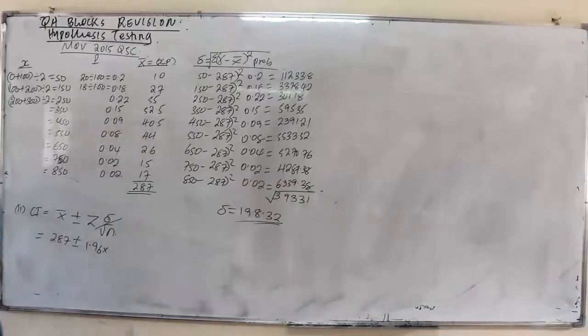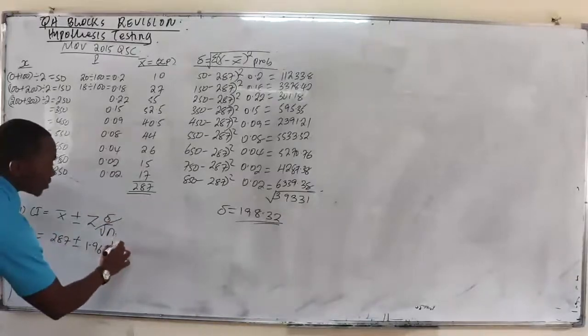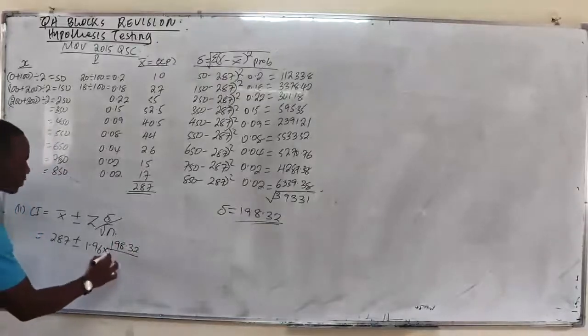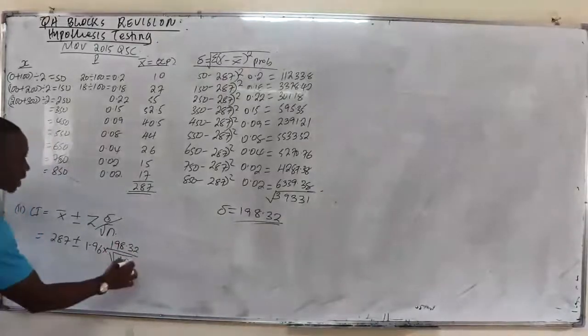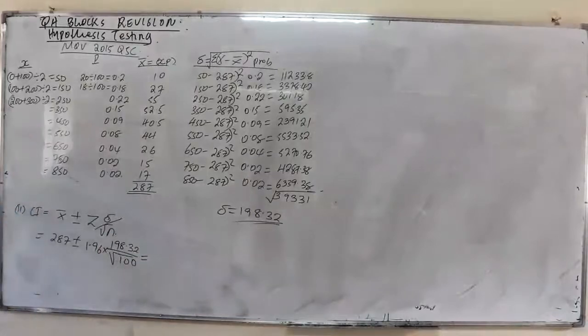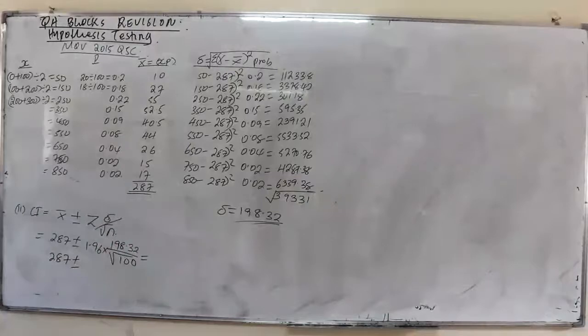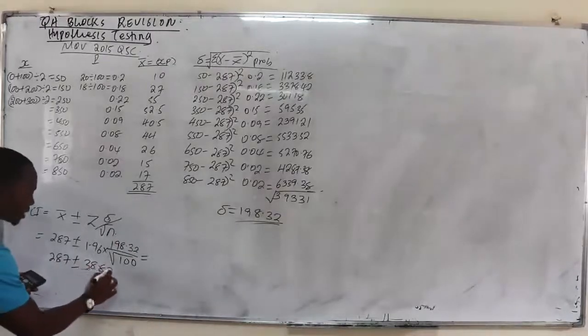You multiply by the standard deviation, which was 198.32. Then you divide by the square root of N, and our N was 100. So you have 287 plus or minus the margin of error, which is 8.87.